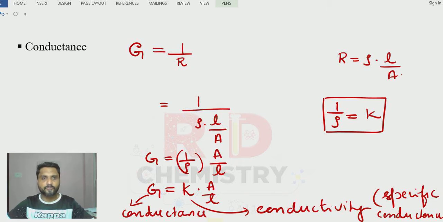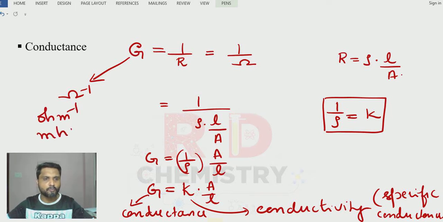Now, what is the unit of G? You know that G is 1 by R, and R is in terms of ohm, correct? Therefore, the unit of G is ohm inverse, also called mho, or also known as the Siemens.